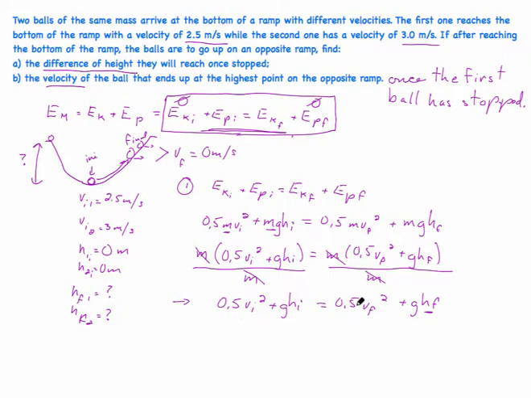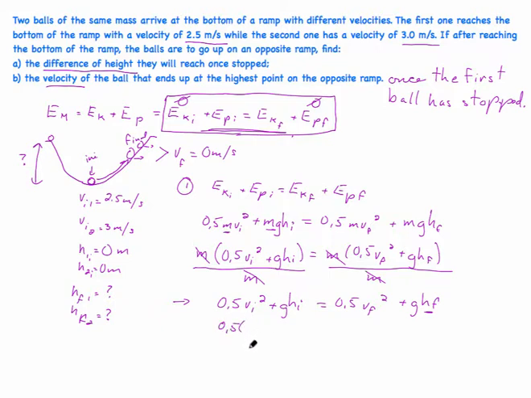I could go to the point of isolating my h, so I would move my 0.5 vf squared to the other side, and put in evidence my 0.5 and my g. But if it's too complex to do it any further, then I suggest you start putting some numbers in.